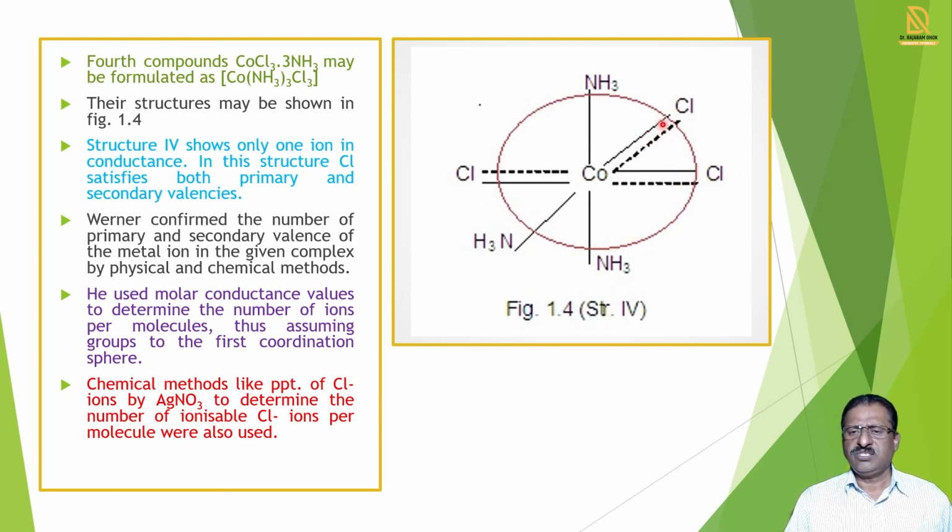So all 6 positions of secondary valency are balanced by NH3 and Cl. Primary valency, meaning the oxidation number of cobalt, is also balanced by these 3 Cl because Cl has negative charge. So both primary valency and secondary valency are present in the first coordination sphere and nothing is present in the second coordination sphere.